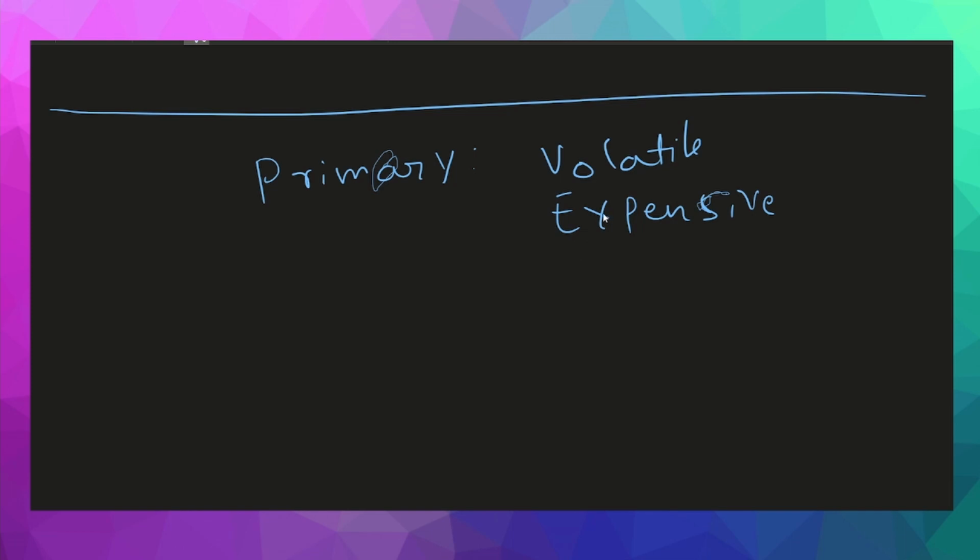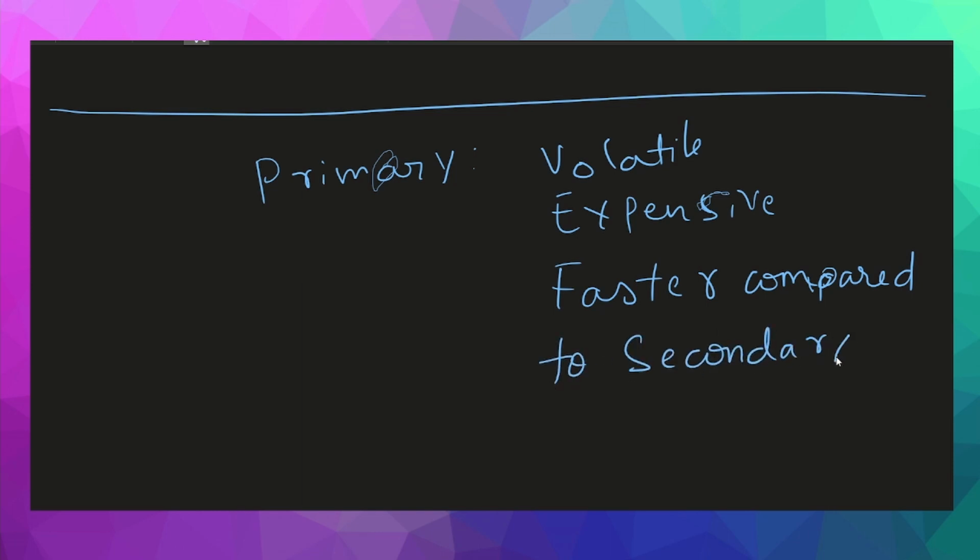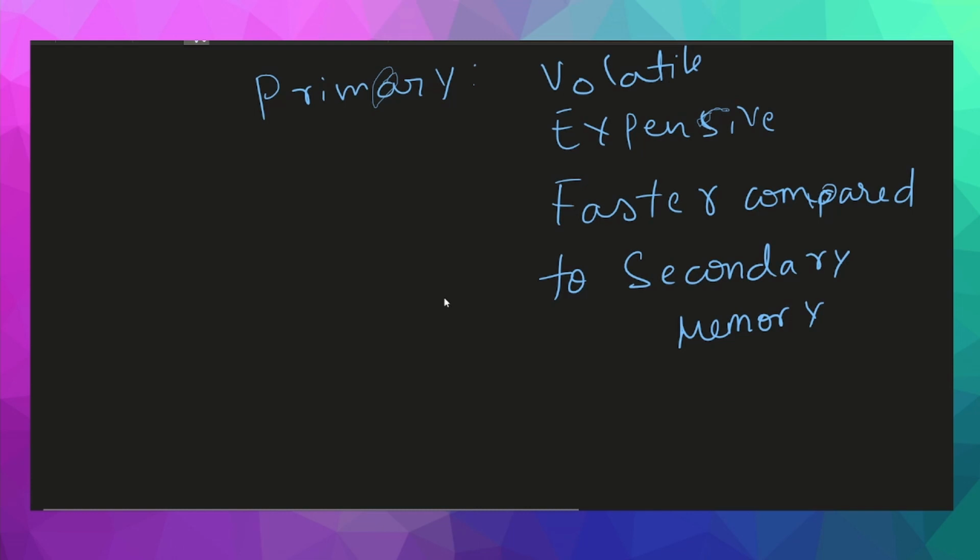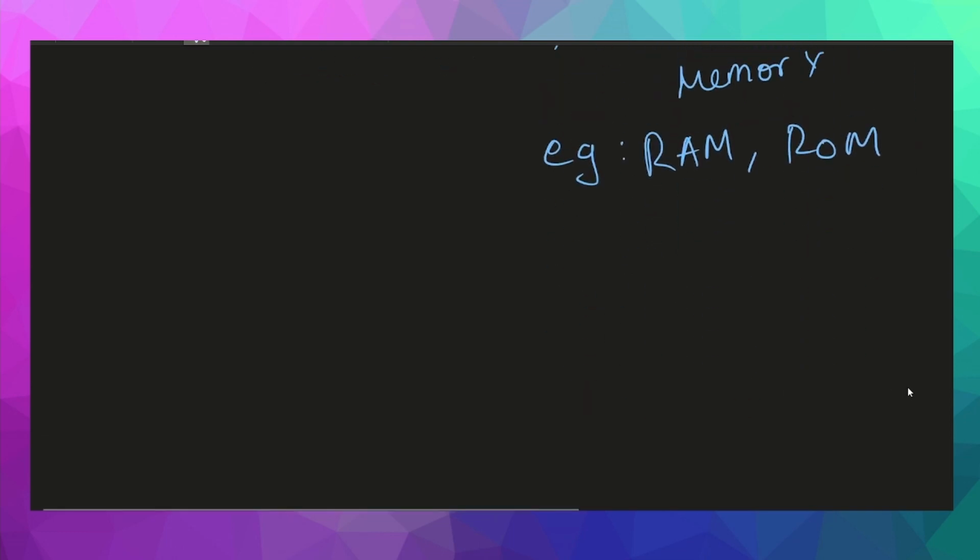Then it's faster compared to secondary memory. These 3 differences you can write. If you want, you can write examples also: RAM and ROM are examples of primary memory.